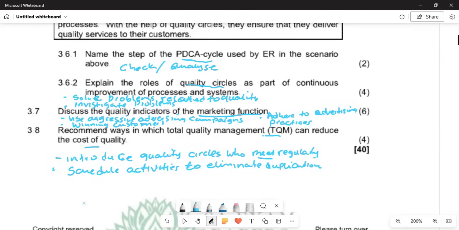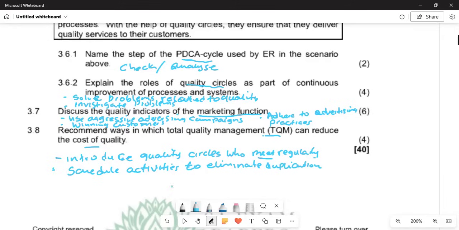So that is that. Make sure of the schedule so that you are not doing repetitive tasks. You can also share responsibility for quality output amongst the management and workers so as to improve the quality at the workplace, or take employees to training at all levels so that everyone understands the role of quality management.